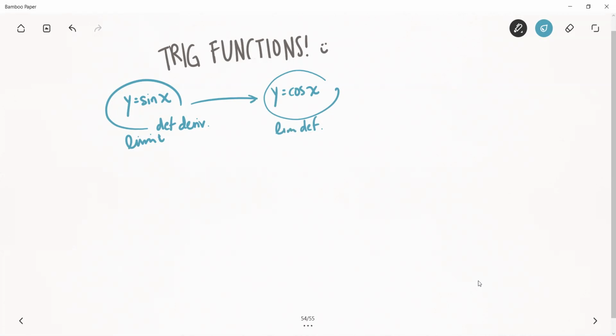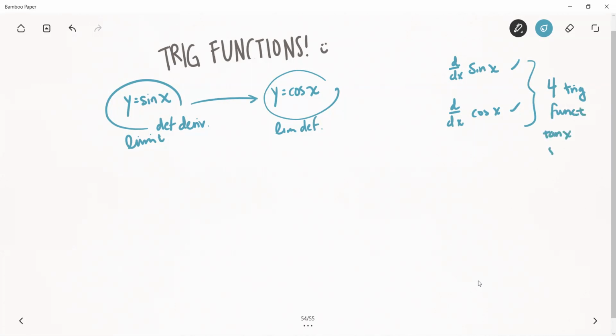Once you have these two derivatives, if you have the derivative of sine in your belt and you have the derivative of cosine in your belt, once you know what it is, as you've seen, you don't need to find it from scratch every single time. Just use it. You know what it is. And therefore, you could find the derivatives of the other four trig functions, right?